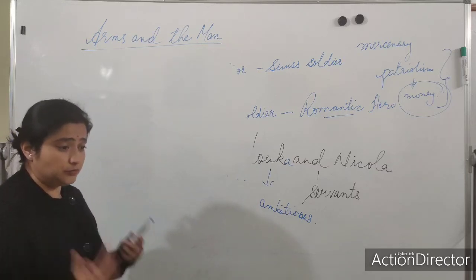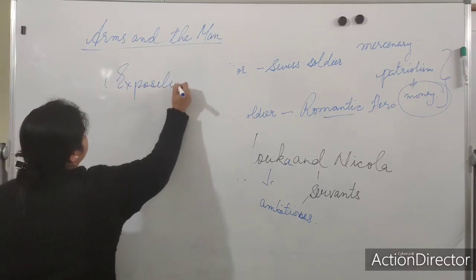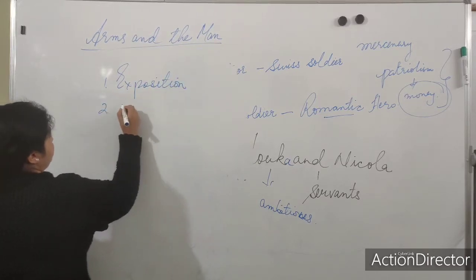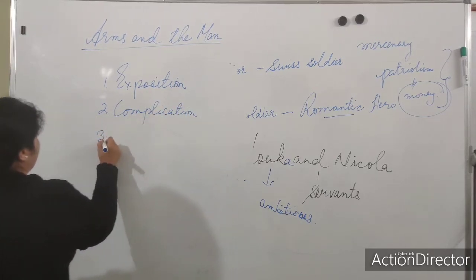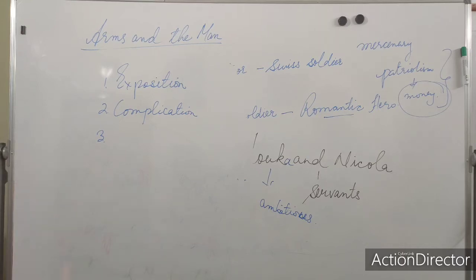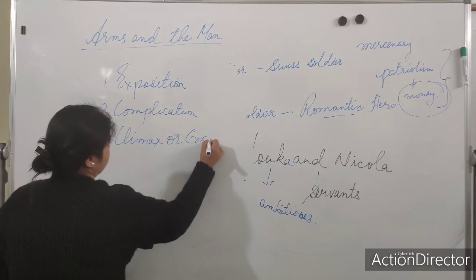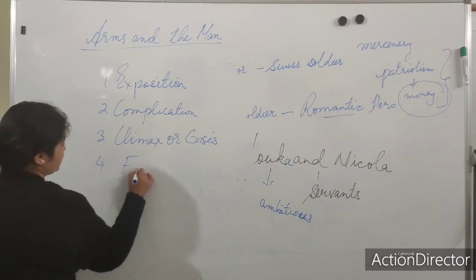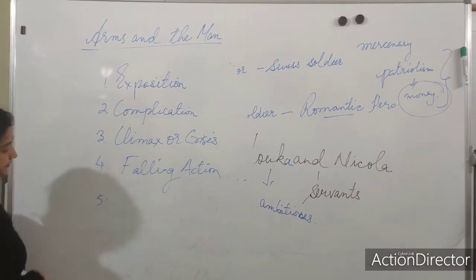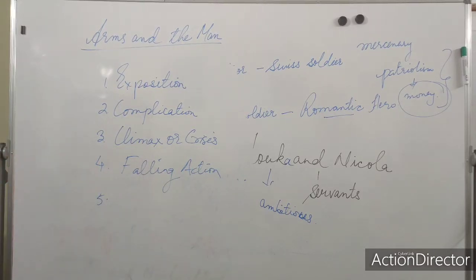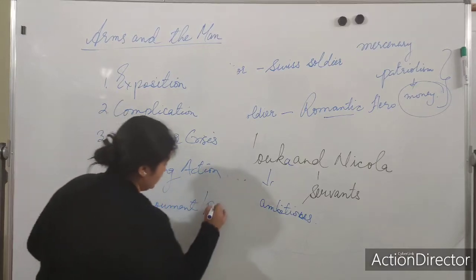And what that structure comprises of is exposition, followed by complication, which is followed by the climax or crisis, followed by the falling action, and finally what we call denouement or resolution.